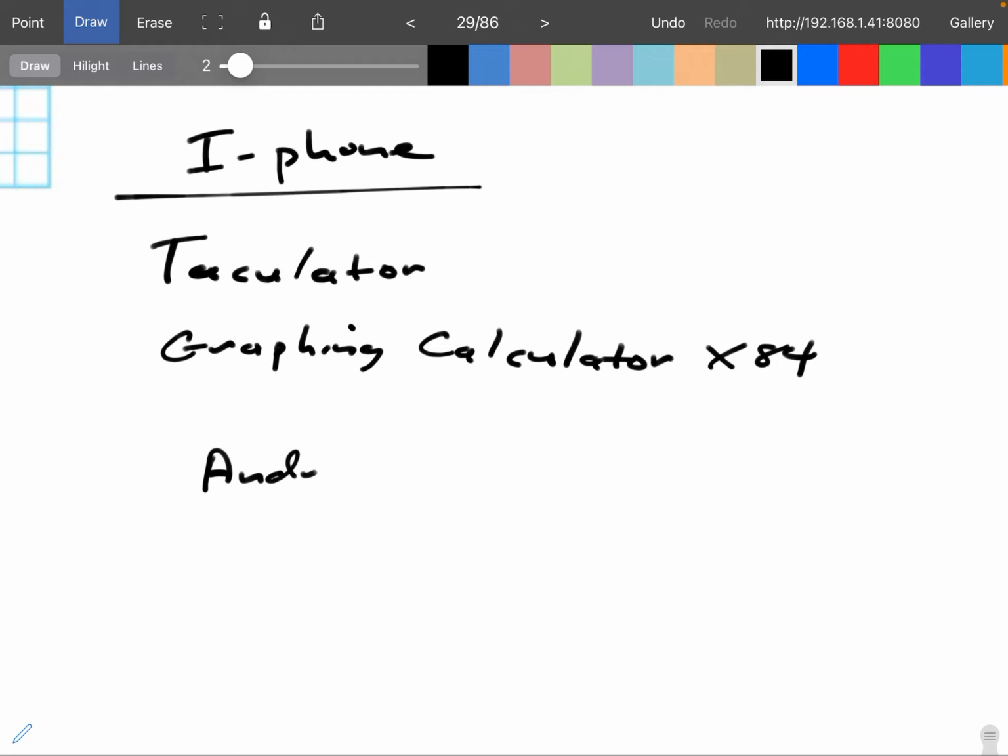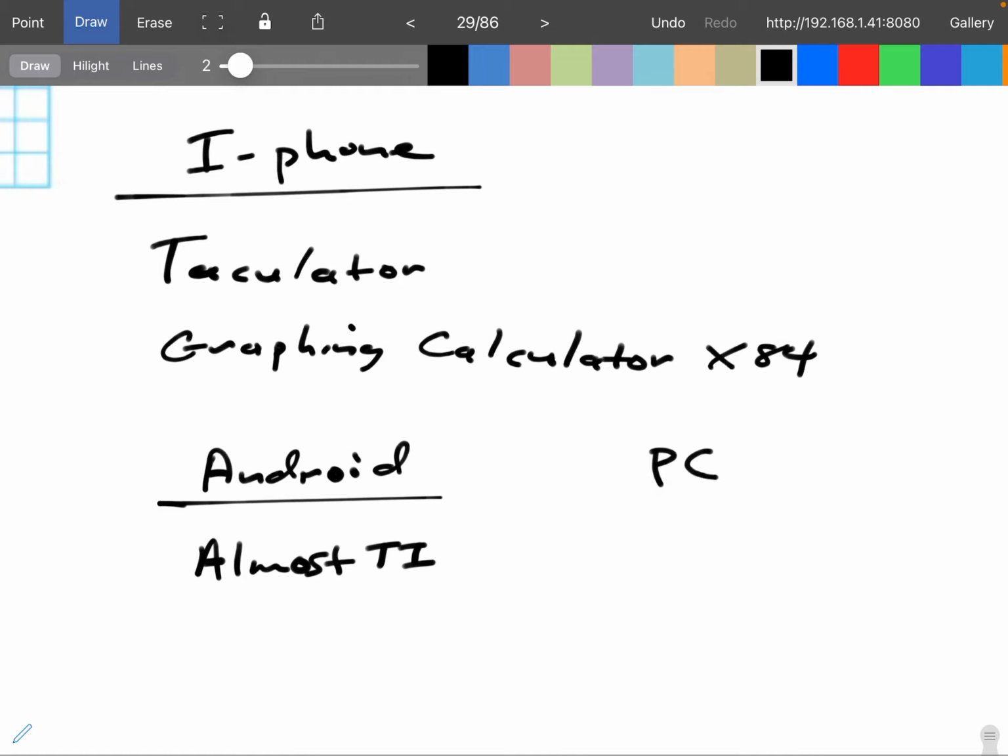If you have an Android phone, the one I found was called Almost TI. I'll be showing you how to use the graphing calculators that we have in the classroom, but these are going to be on your own to mess around with a little bit.